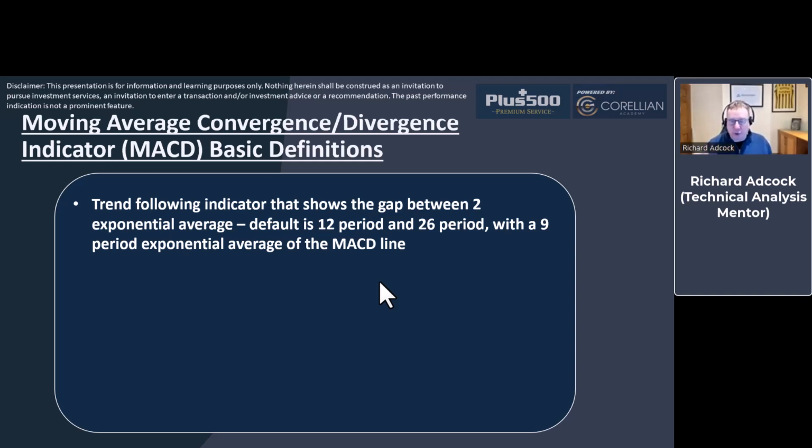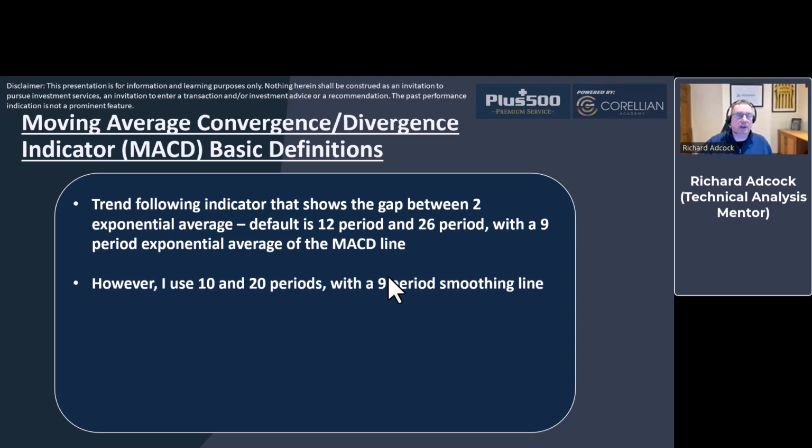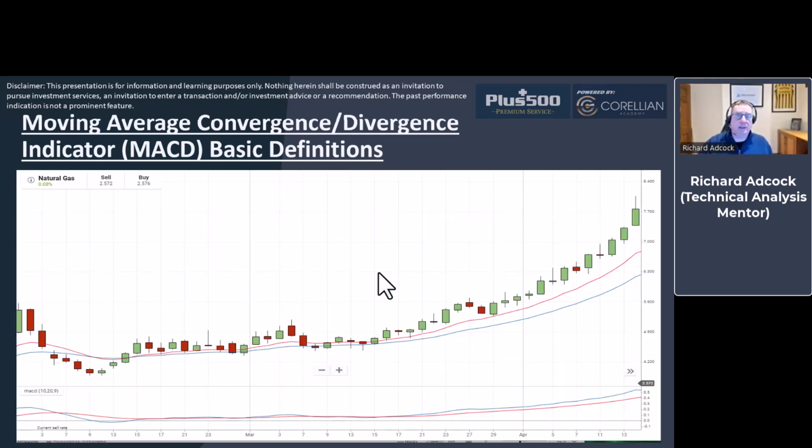Now, on the majority of systems, the default setting is a period of 12 and 26, with a 9-period exponential moving average of the MACD line itself. I tend to adjust this slightly, to shorten term slightly further, and I use 10 and 20-day exponential moving averages together with, as the default is, the 9-period smoothing indicator.